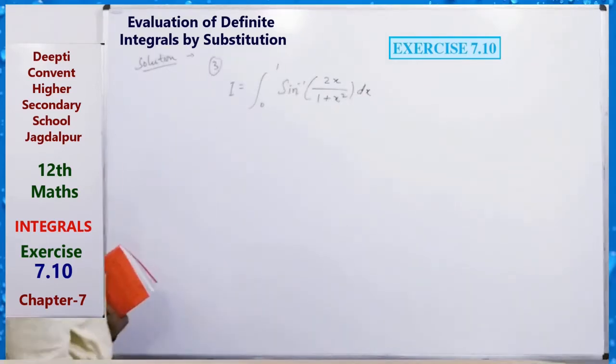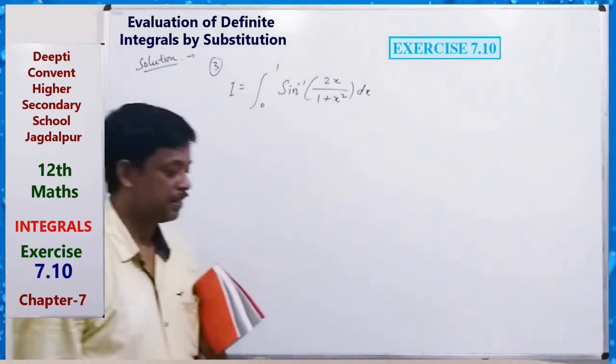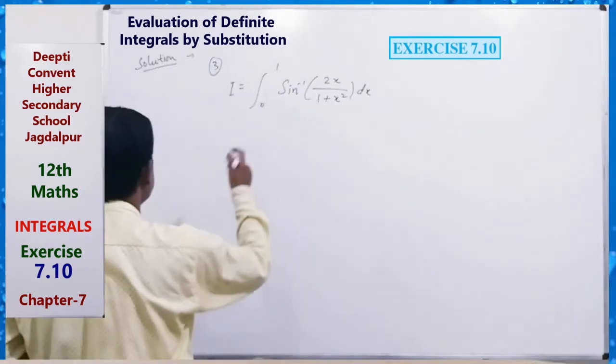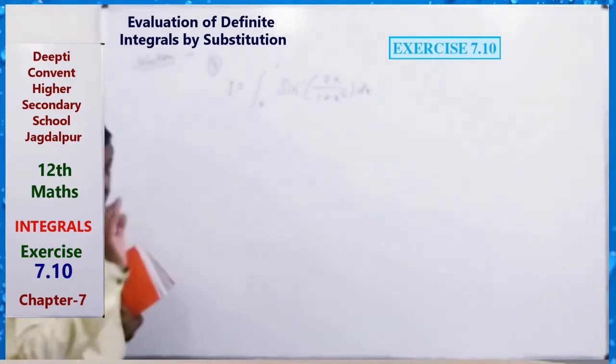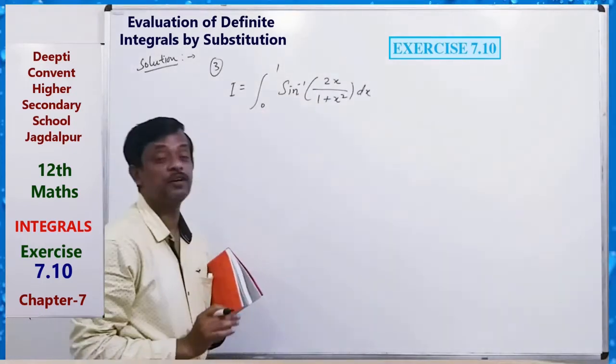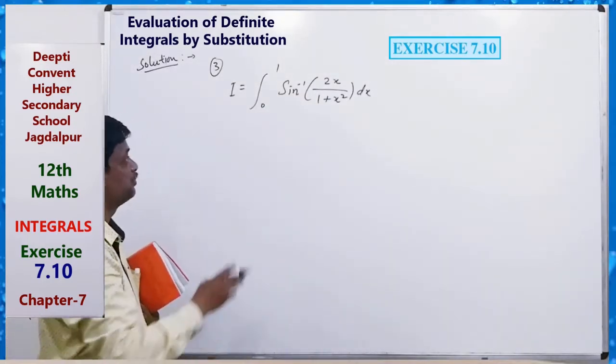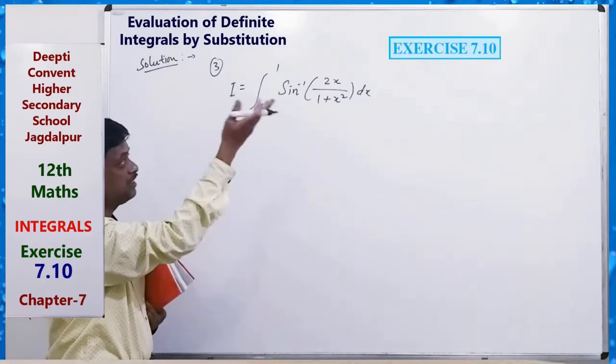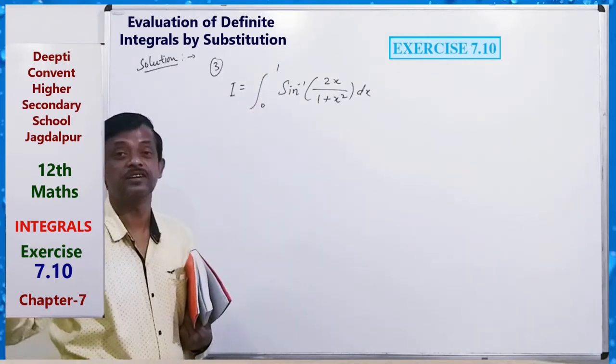This is the integral. Clear? So if this is the integral, then inside sin inverse we are trying to find the sine of something. So we can substitute what? 2 tan theta upon 1 plus tan square theta equal to sine 2 theta.